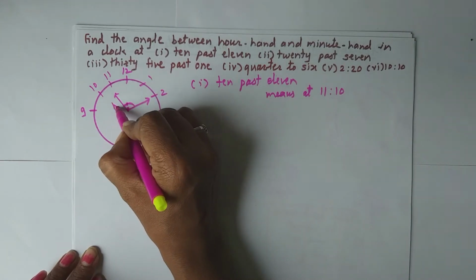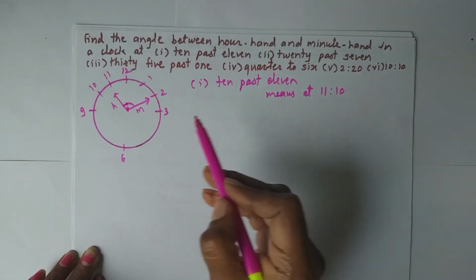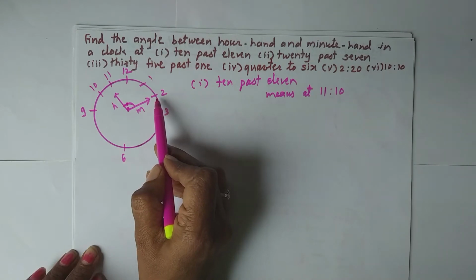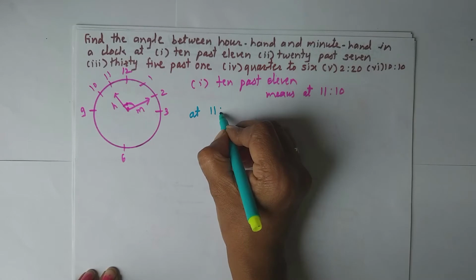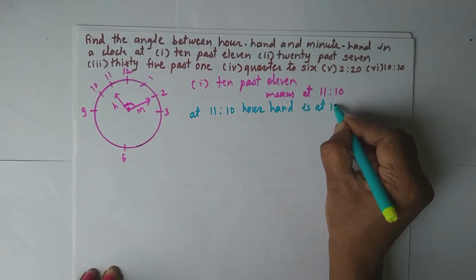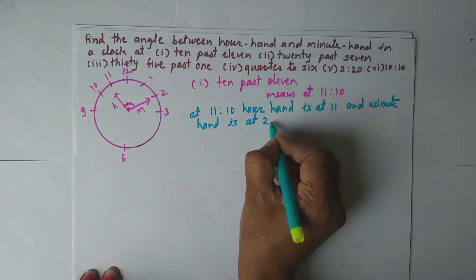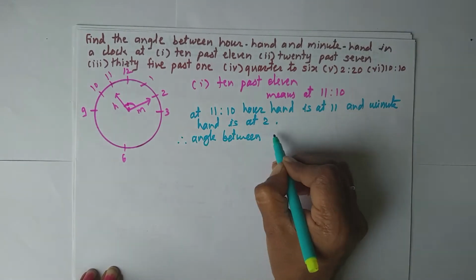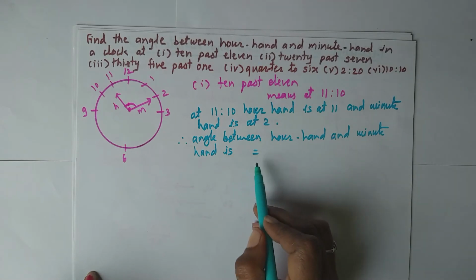Denote the hour hand by H and the minute hand by M. See, at 11:10 the hour hand will be at 11 and the minute hand will be at 2. Therefore you write down: at 11:10 the hour hand is at 11 and the minute hand is at 2. Therefore, what will be the angle between hour hand and minute hand?